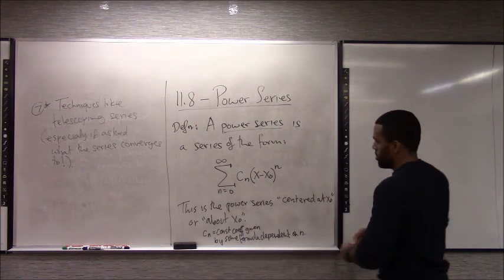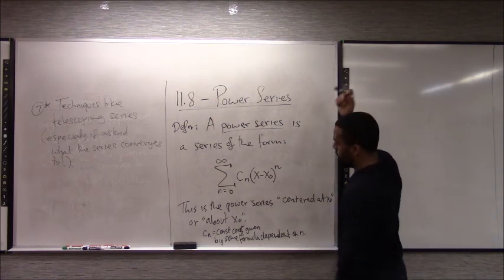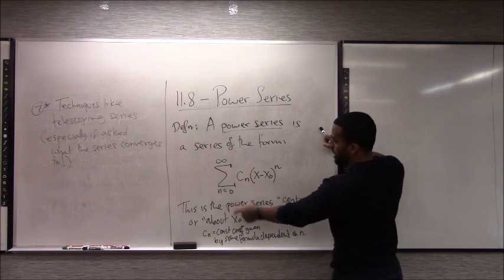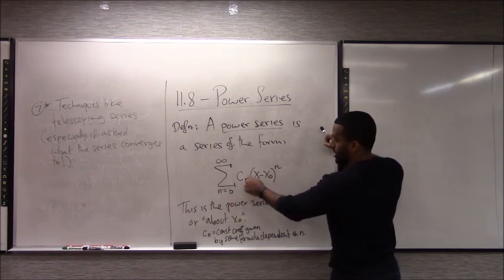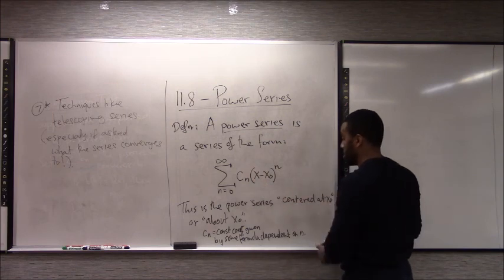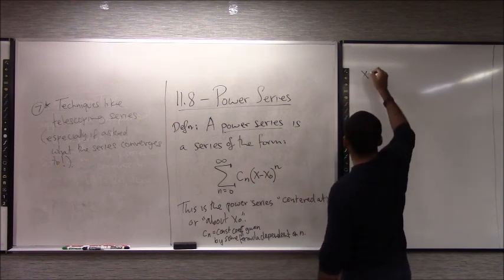I know that probably is kind of weird right now, but basically Cn is going to be a formula in terms of n, but for each particular n, you plug into this formula and you get a constant. So all the Cn's are going to look like constants. X is the variable.